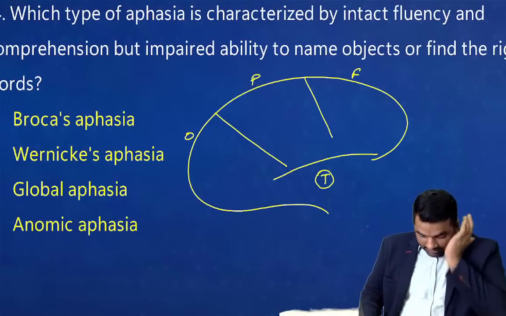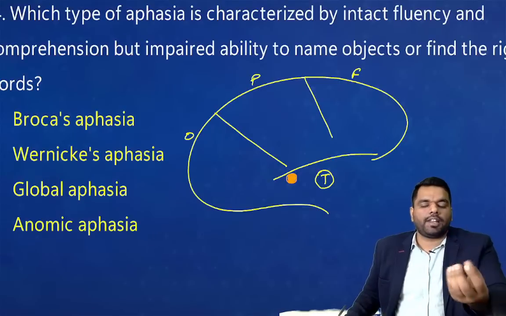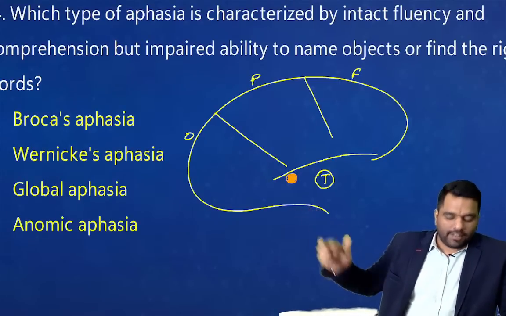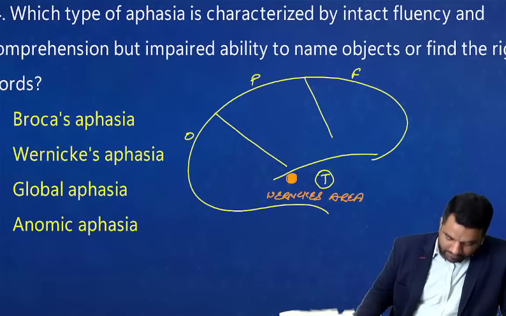I told you during the classes that the temporal lobe contains the center for understanding language. Right now, whatever I am telling you, you are understanding due to the presence of this center, and this is called Wernicke's area.